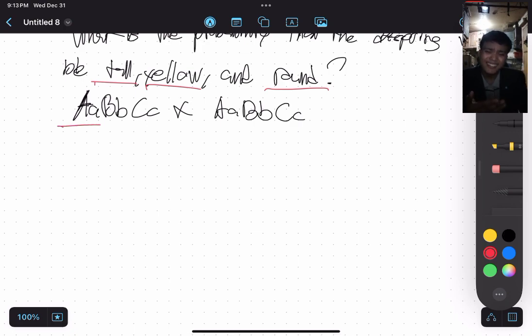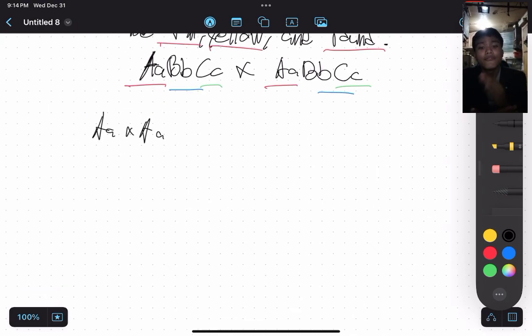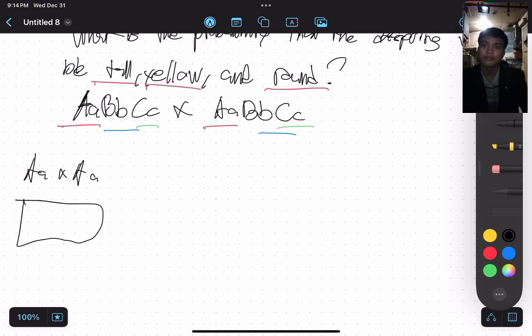So first, we need to identify the parents for each allele. Example, this underlined, and this underlined. Then we're going to use a Punnett square for identifying the probability of each.